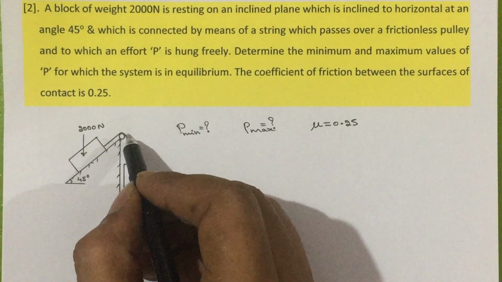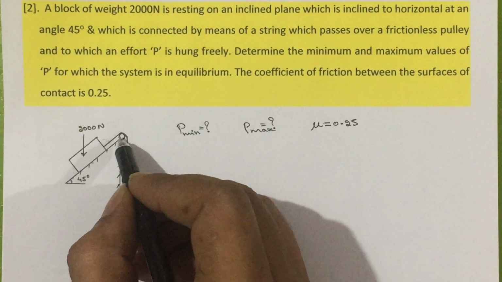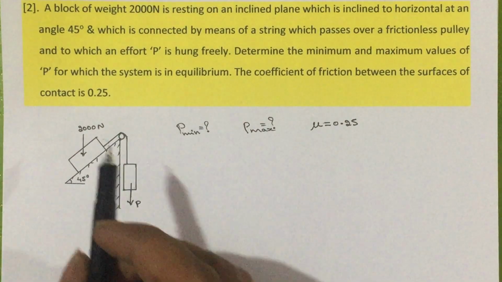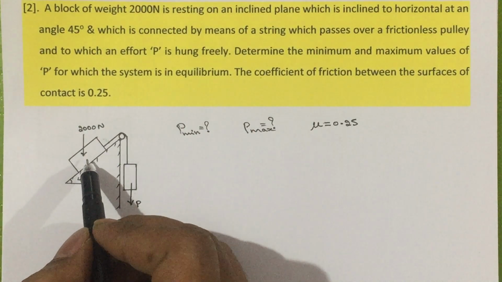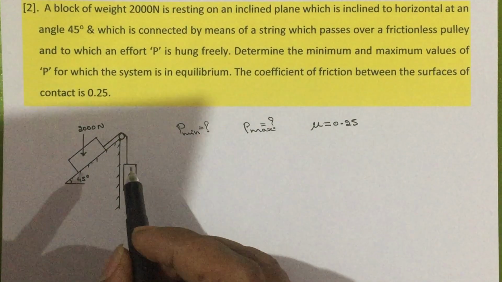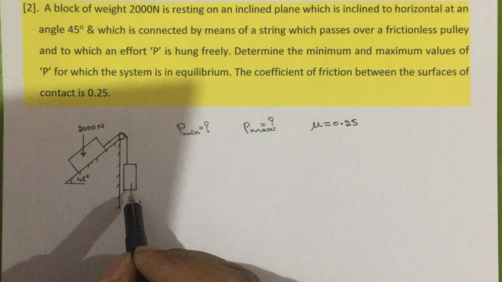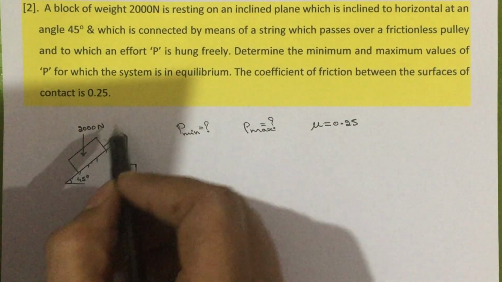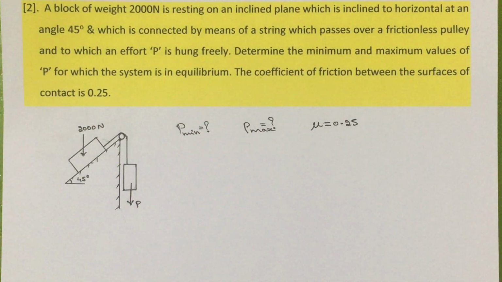These two blocks are connected by a rope and it is passing through a roller or pulley. Now, if this block slides down, then you are going to get P minimum value. If this block slides upwards, then you are going to get the maximum value. I will tell you.